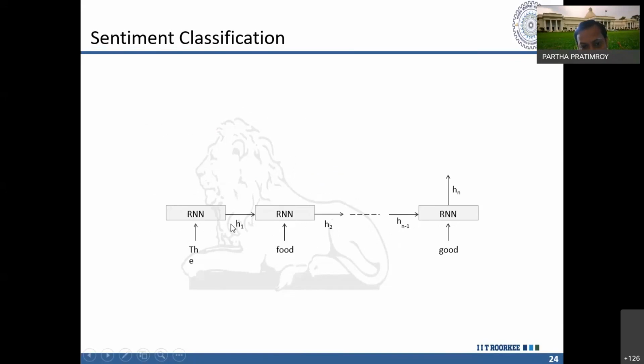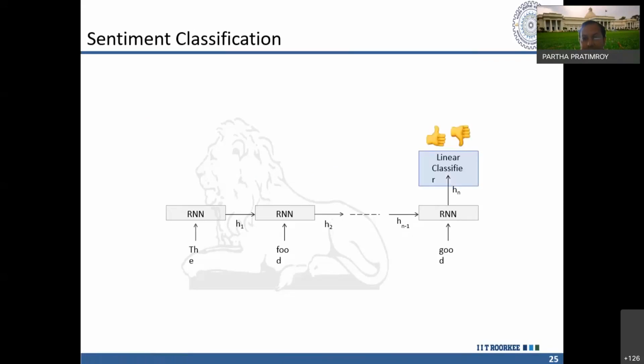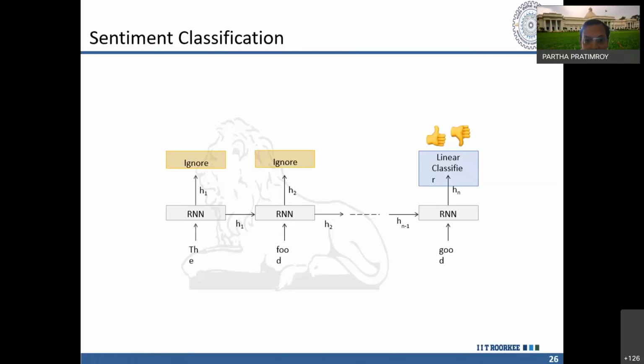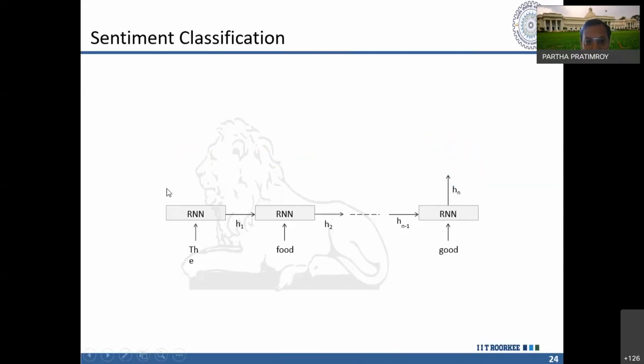The previous results are also fed into these multi-layer perceptrons, and finally at the last layer we get the output, whether it is positive or negative. We'll see how we actually do that. These intermediate outputs we do not consider.